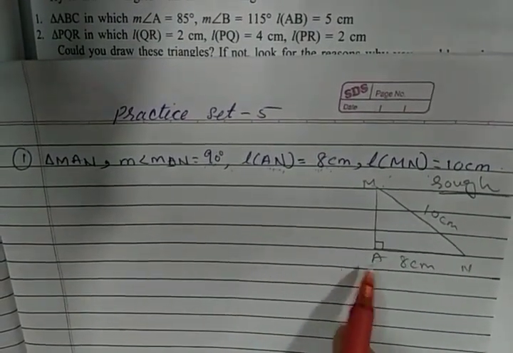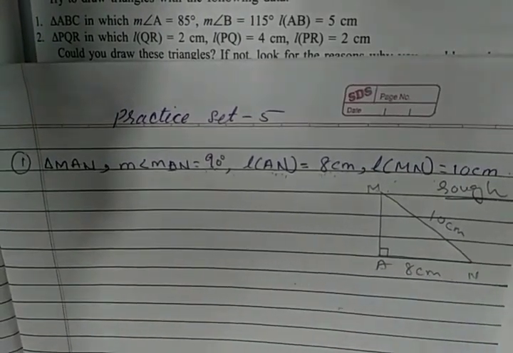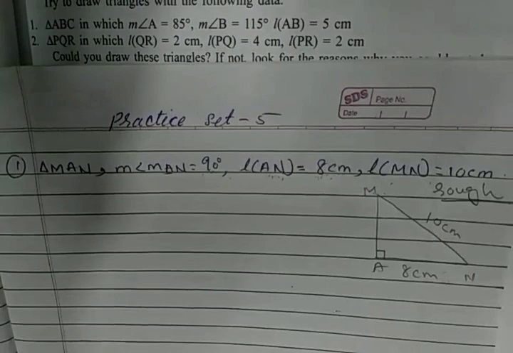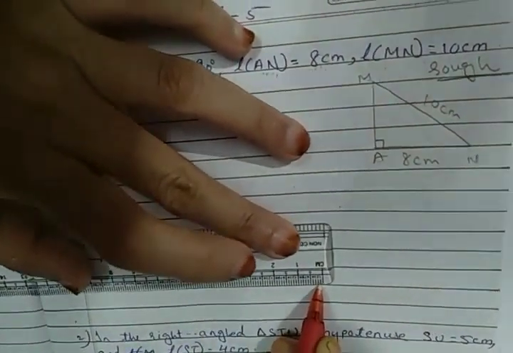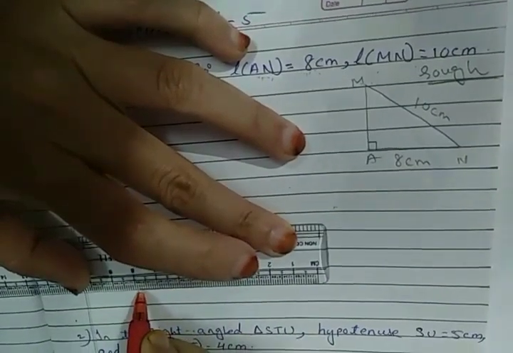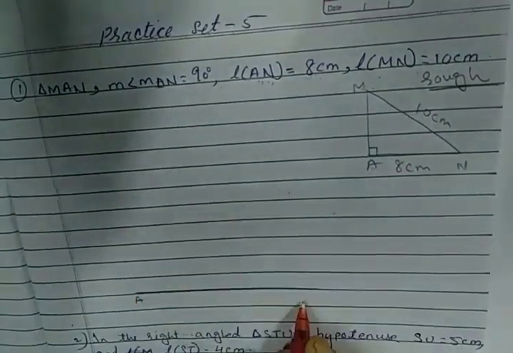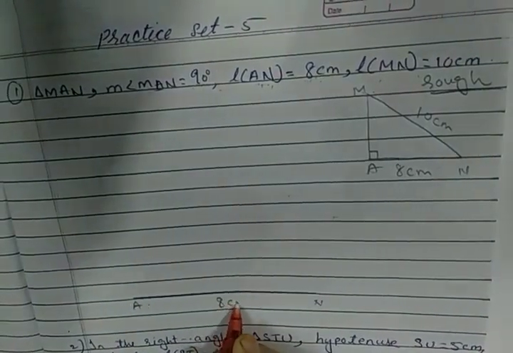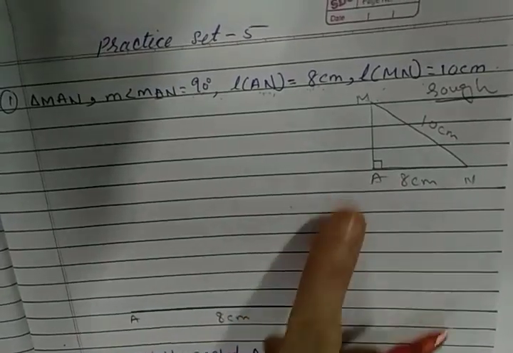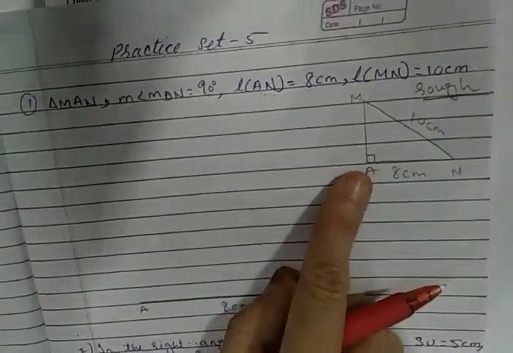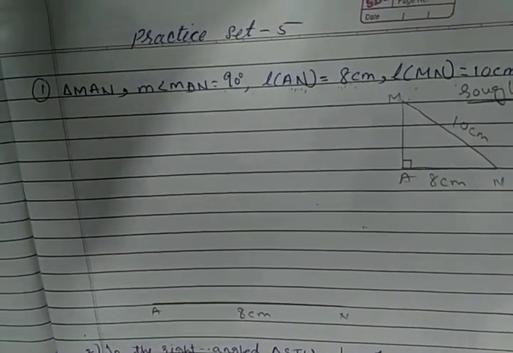Now we will make the line, length of 8 centimeter, of AN. Now what do we do? We will make an angle of 90 degree.